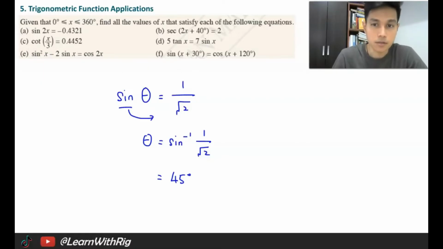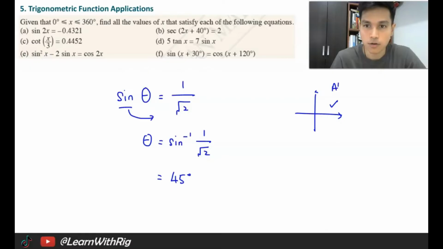Why? Because I told you before, in the first part of the video itself, you are learning 4 quadrants now. You're not just learning the first quadrant. All this while, when you solve, your answer is always in the first quadrant. Because in the first quadrant, remember, all science teachers are crazy. So in the first quadrant, all the signs are positive.